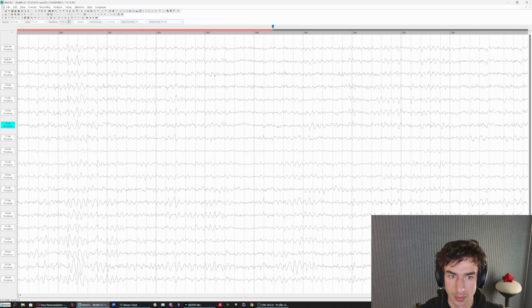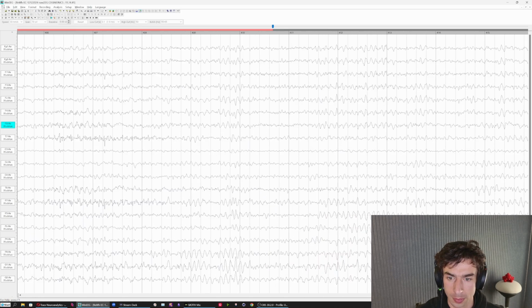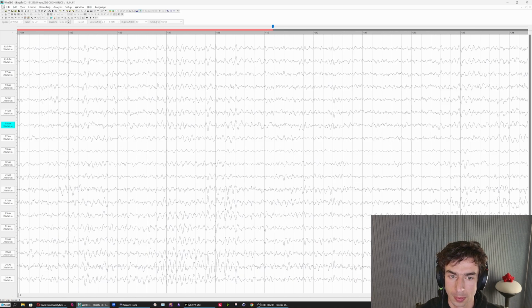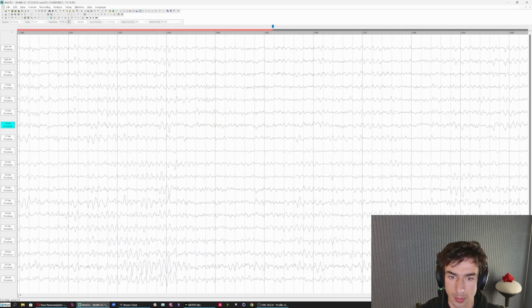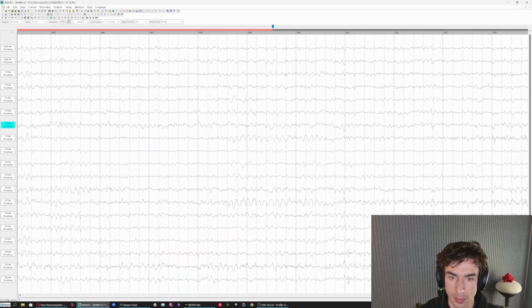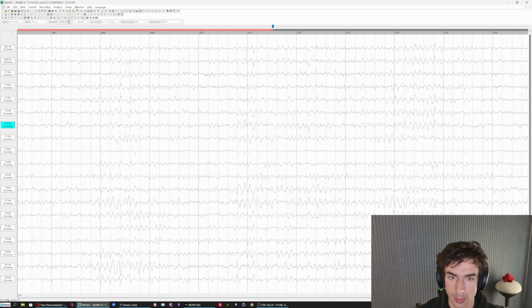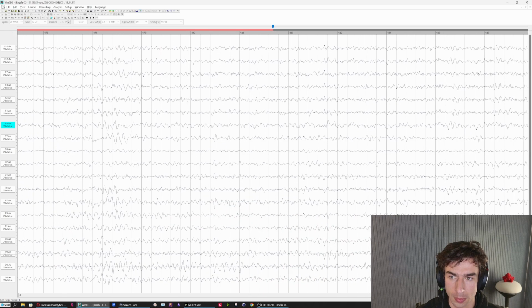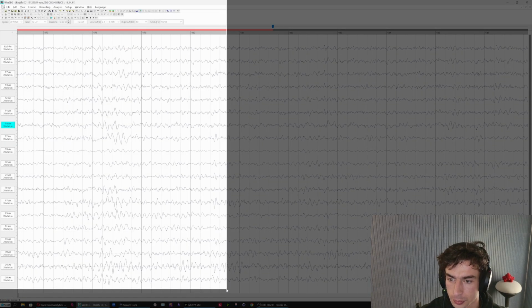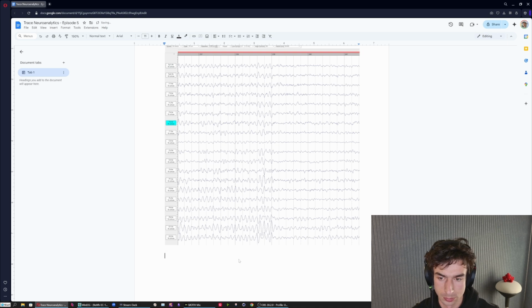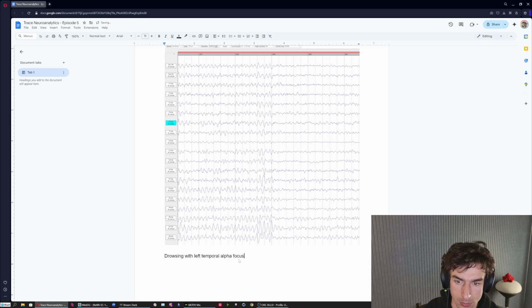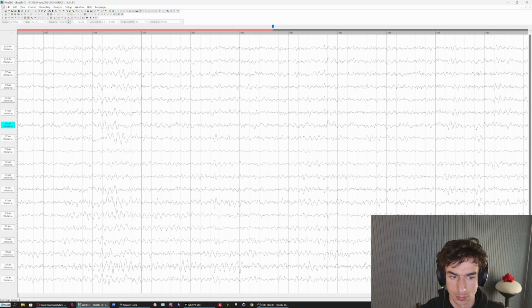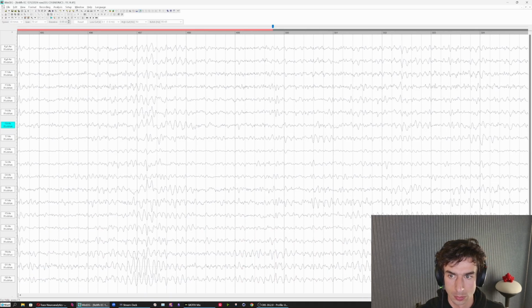Manually cutting that out. And let's calculate the spectra.